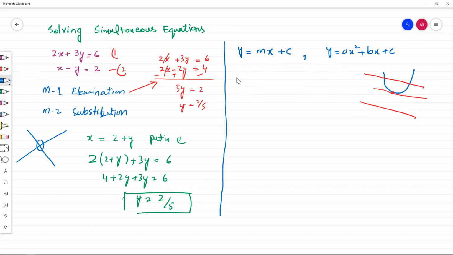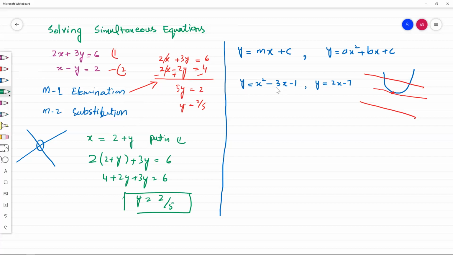So let's take an example. For example, I have a quadratic equation y is equal to x square minus 3x minus 1, while the other one is y is equal to 2x minus 7. So how do we solve them simultaneously? We use the same technique which we used in O level.